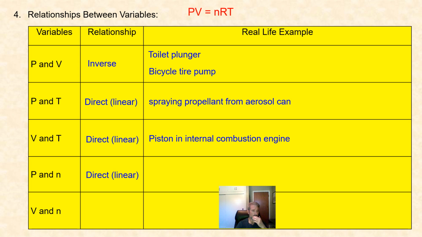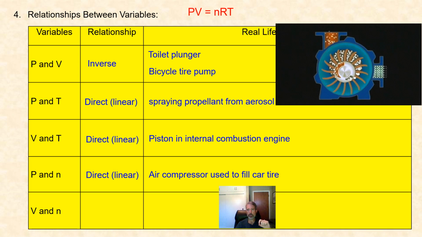Relationship between pressure and number of moles, the amount of gas you've got, the equation once again predicts a direct relationship there. How about looking at the example of the air compressor used to fill a car tire? Certainly when you look at the functioning, the compressor is actually taking in air from the outside, so it is forcing air into the tire.